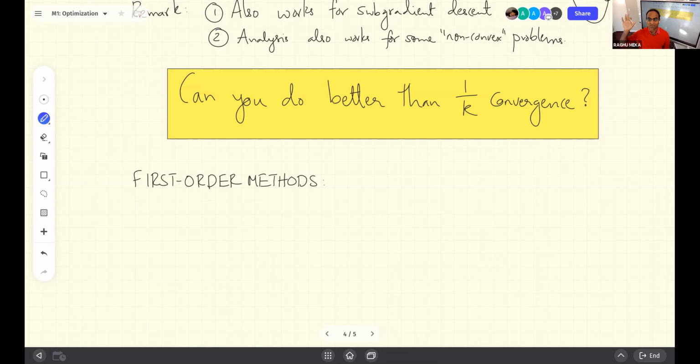You don't get to see the data. All you get is every time you query, you get to know the loss function or the gradient, nothing else. Okay, so it's a limited interface with the function, but it's also a limitation that we should respect because it often shows up in practice. Right? So first order methods means we have a subroutine to compute f of w or gradient f of w.